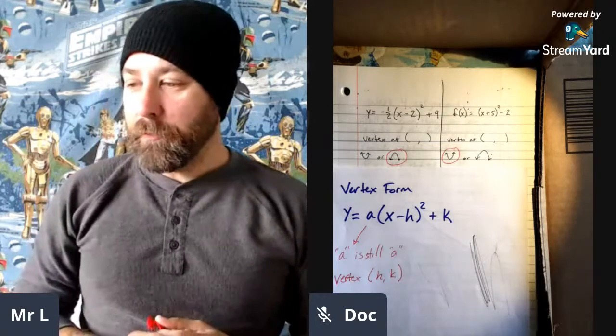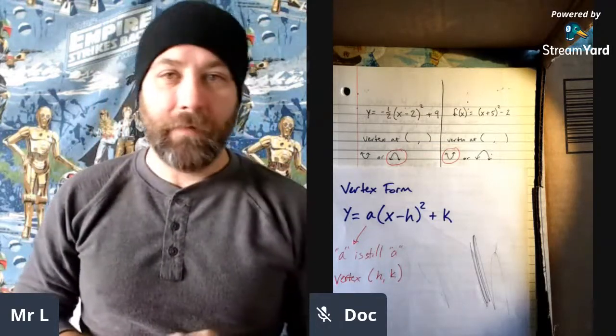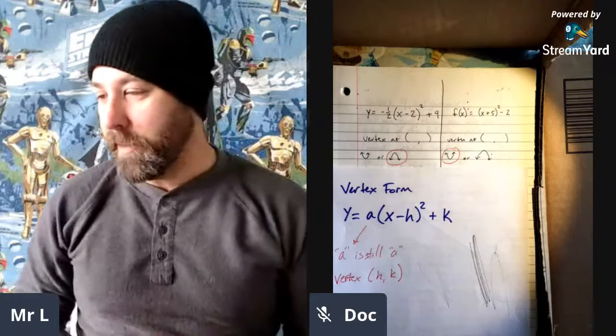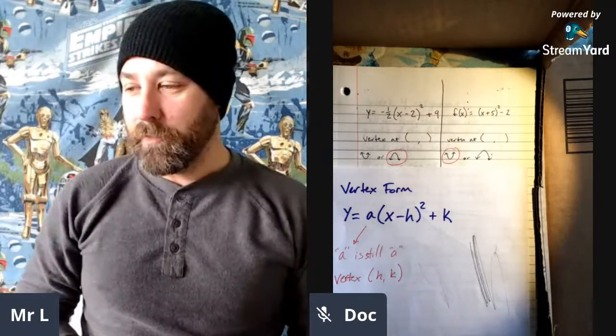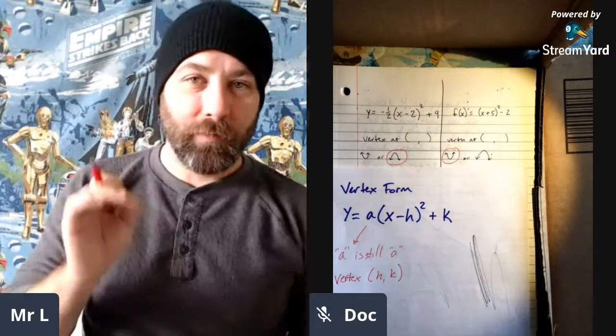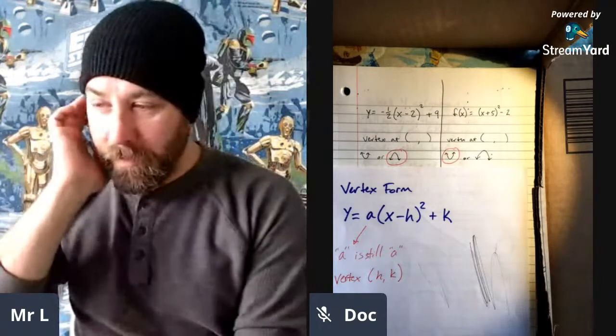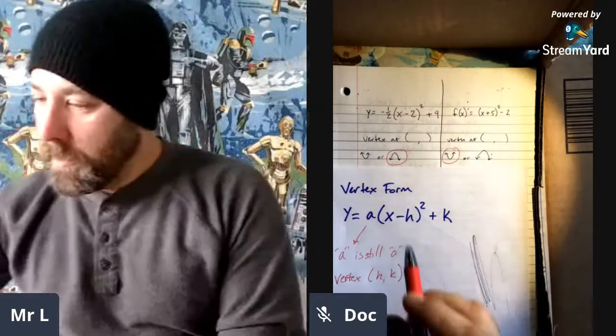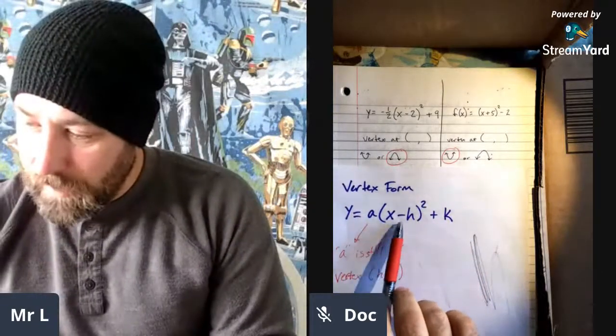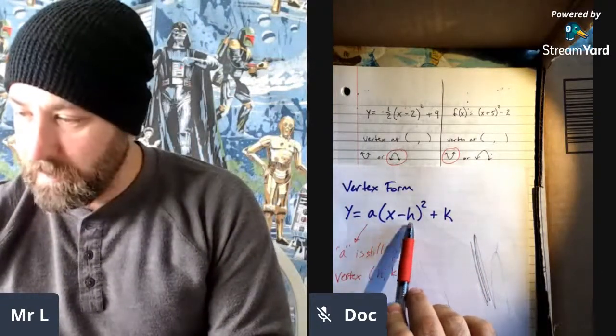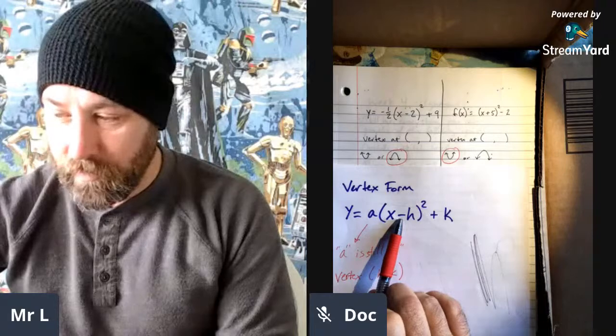All right, now the vertex, the whole reason why we have this form of a quadratic equation. Vertex form tells us where the vertex is, the most important point on a parabola. It's our starting spot where we go to graph. So in this case, x minus whatever h is. Well, in this case, h would be a 2. The reason why we wouldn't put a negative 2 here is because it's already being subtracted.